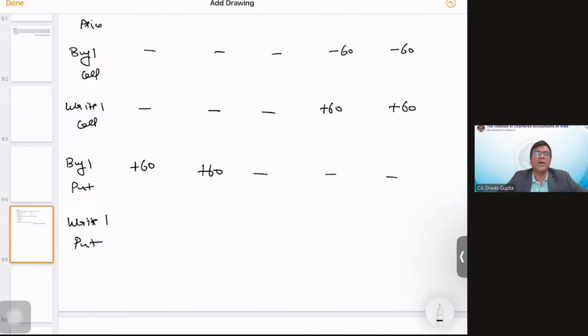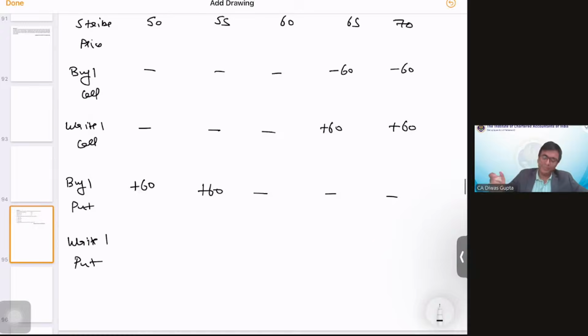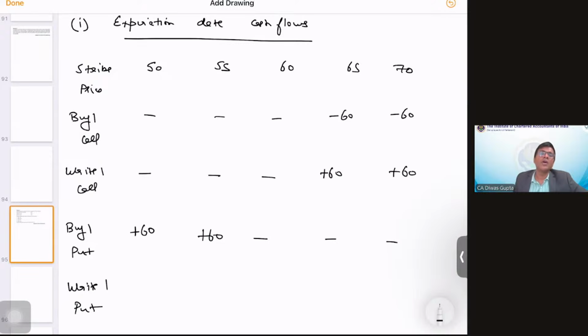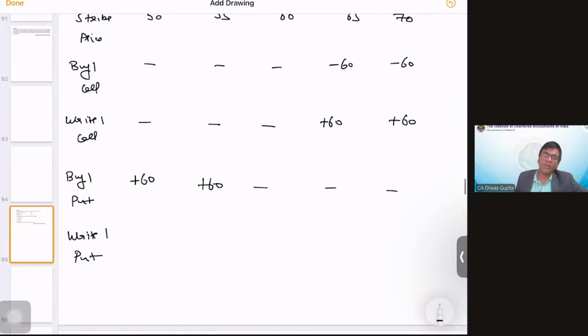If we have to purchase the stock, there will be a cash outflow. Now, in which situations we are going to purchase the stock? Whenever the price is lower than 60 rupees, because we are talking about the put option. Nil, nil, and nil. So expiration date cash flows are clear.